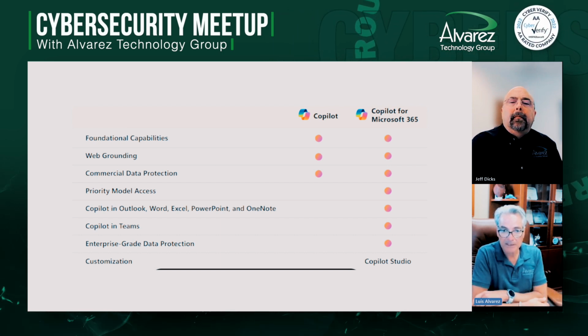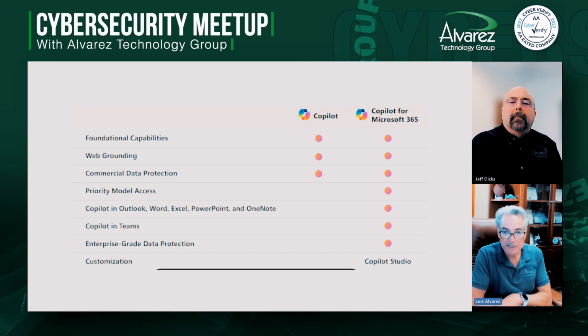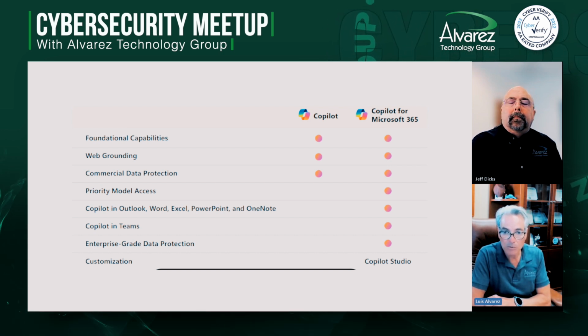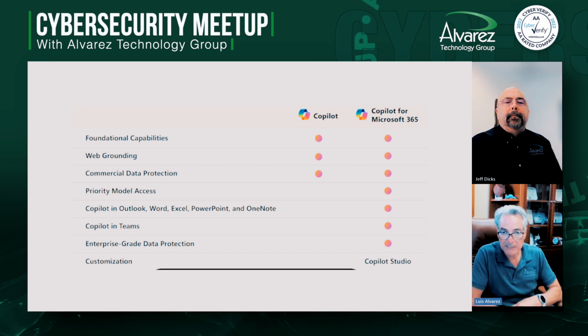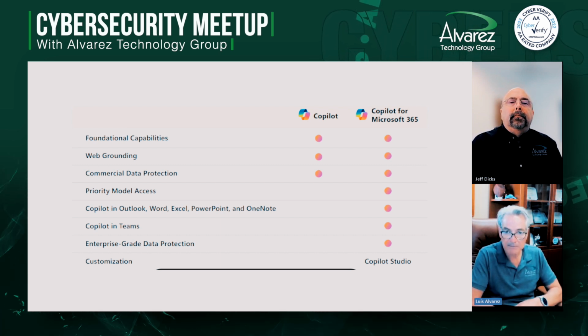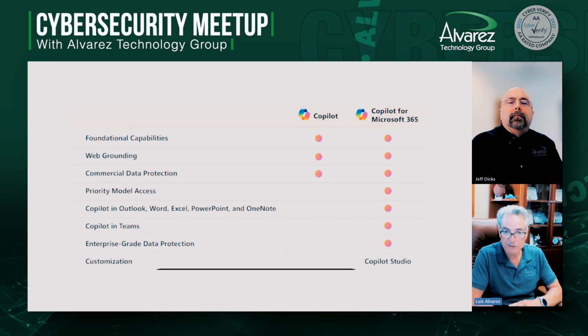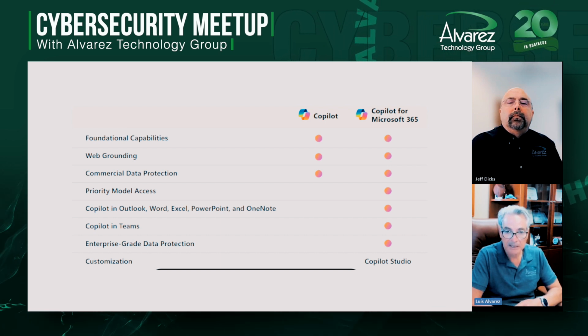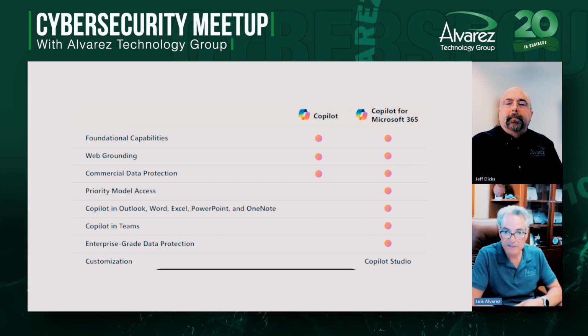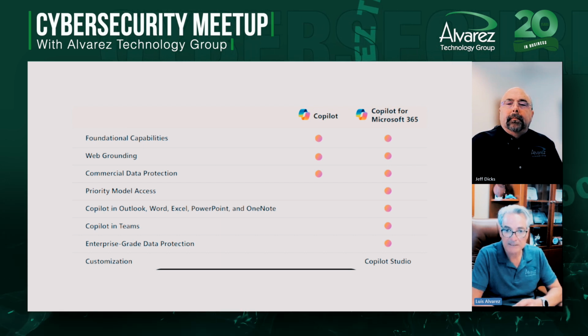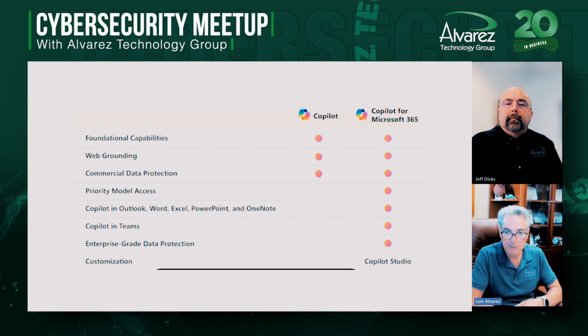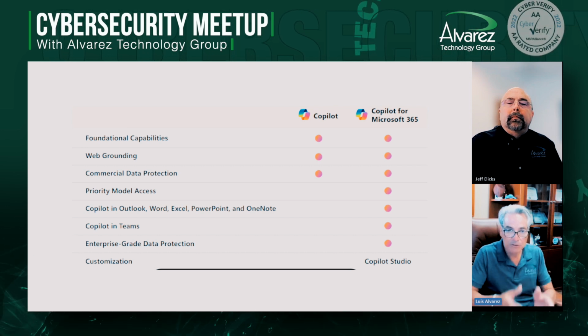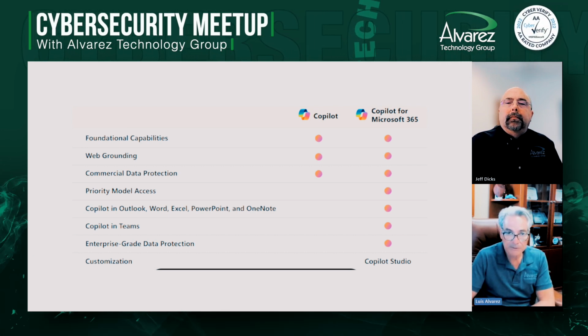It also includes Copilot in Teams, and a really cool tool called Copilot Studio that lets you use a no-code way, that is, you don't have to know how to program, of creating chatbots that work within Teams to let your organization get to data faster. If we have time, we'll show you a little bit of that. But those are the two versions of Copilot.